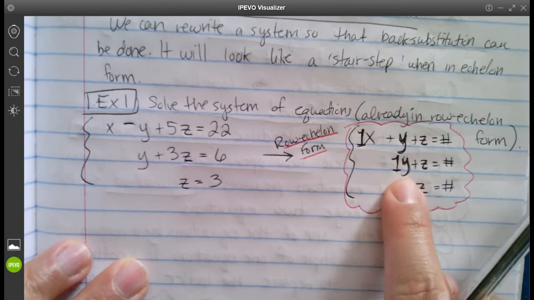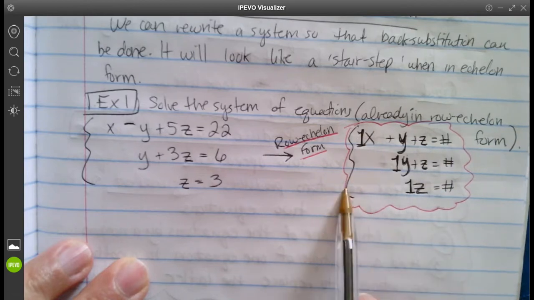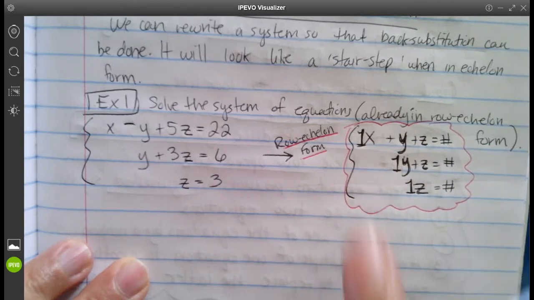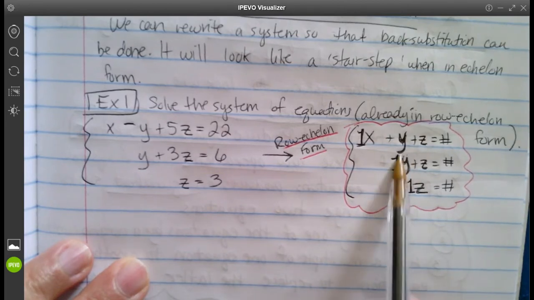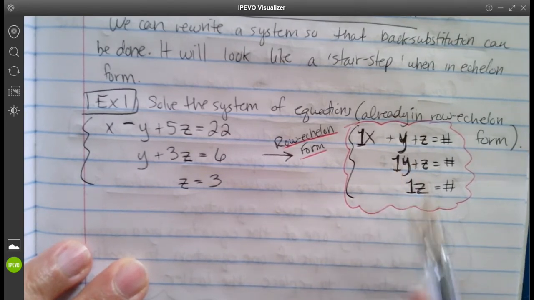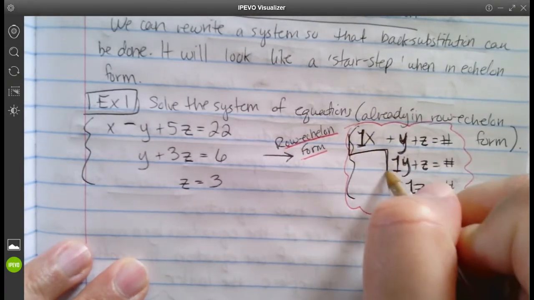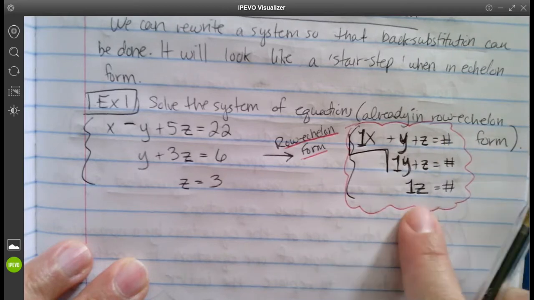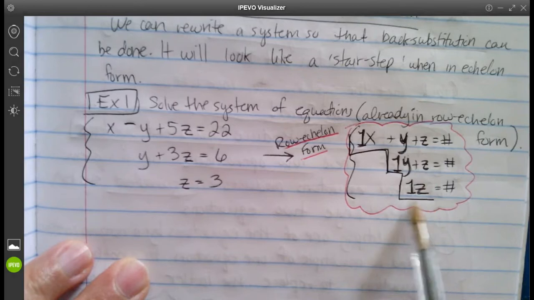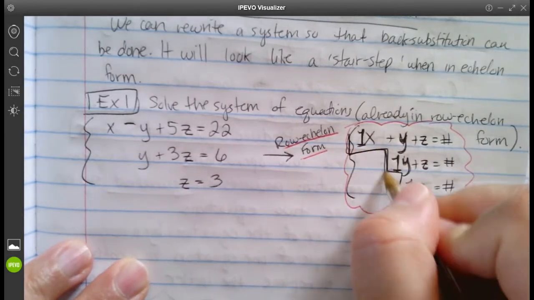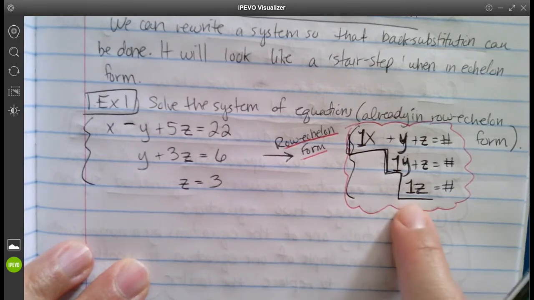The second equation, in a 3 by 3 system, will not have the x, and it goes straight into the y, where the y variable has a leading coefficient of 1. You can see the step happening, like an upside down staircase. The last equation will be your z, and if you follow this pattern, you see the step looking thing here. This one's also going to have a leading coefficient of 1.